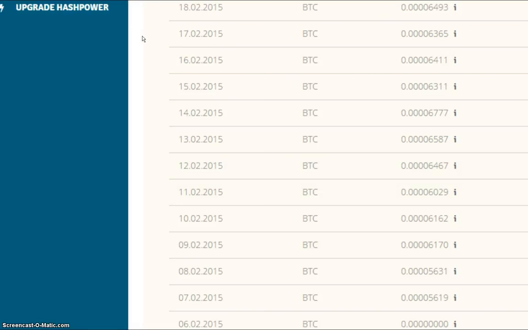My last payout was actually for mining day 18th of February, and that was a payout of 6,493. So yeah, basically no more script payout now for Genesis Mining. Now I have to rely on trying to make my return on investment back with my payouts from my SHA-256 contract. So what's been happening with Gaw Miners, for example?